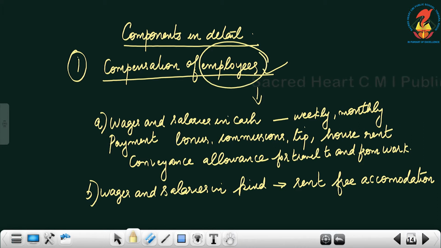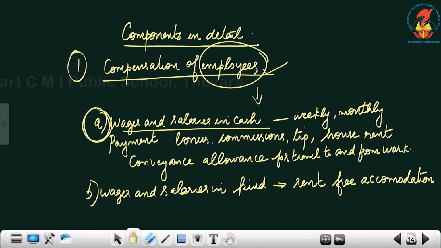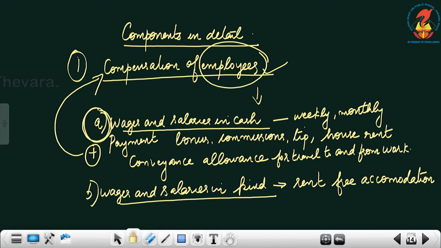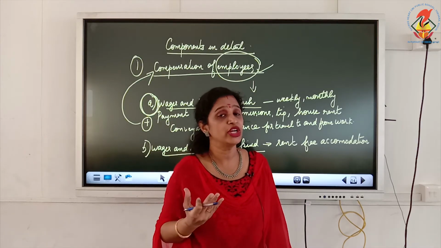Now, compensation of employees is mainly divided into two. First one is wages and salaries in cash, and the second one is wages and salaries in kind. Both are the two important parts of compensation of employees. Remuneration of an employee can be given in these two ways.